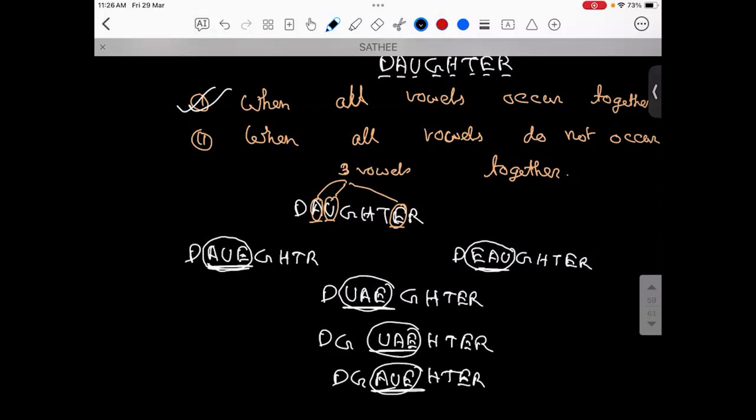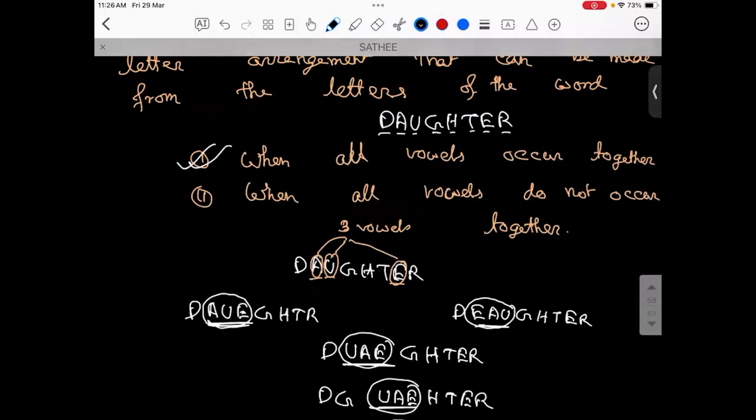Here we have 8 letters, but among them we will consider 3 letters as one letter. So we are left with only 6 letters. How? Because 8 minus 3 equals 5, and plus 1. Why? Because we are considering these 3 letters as one letter. So here we are left with 6 letters.